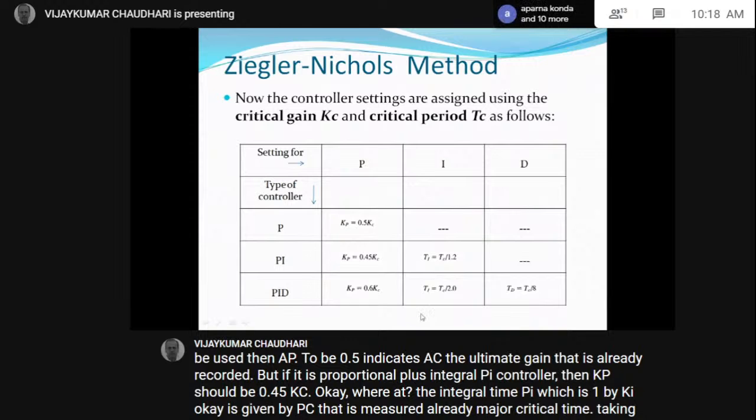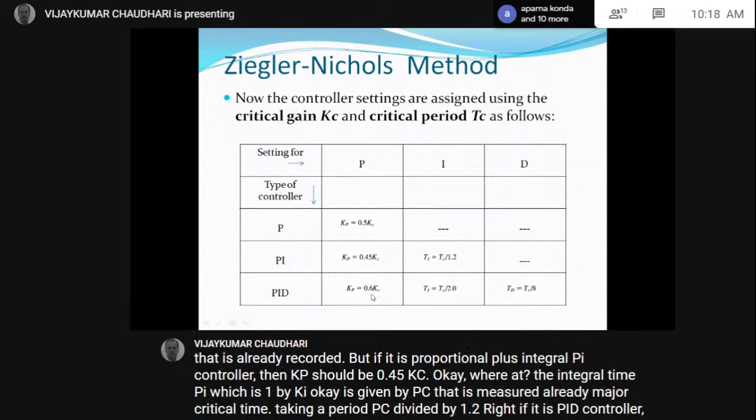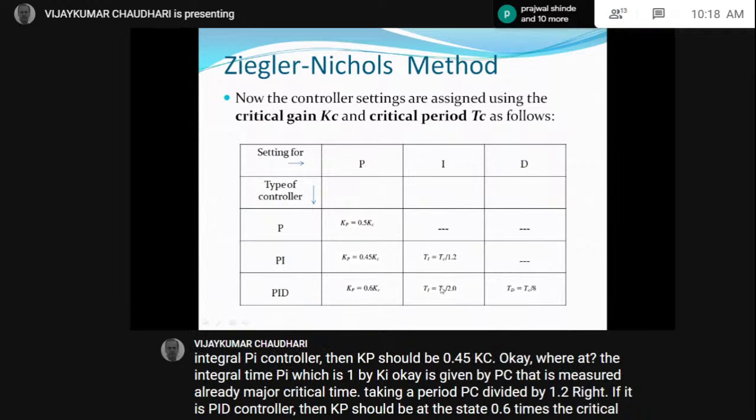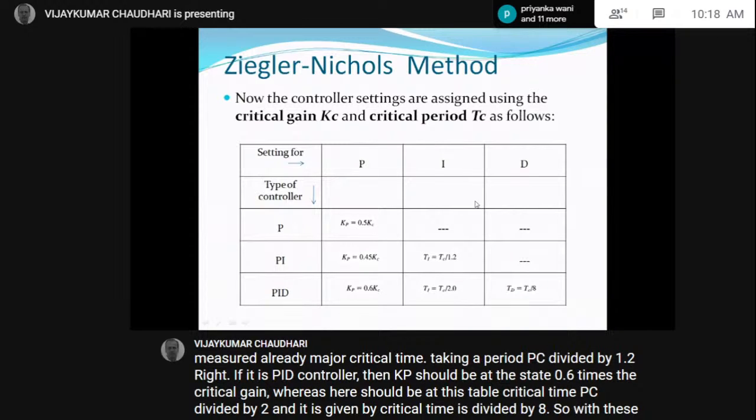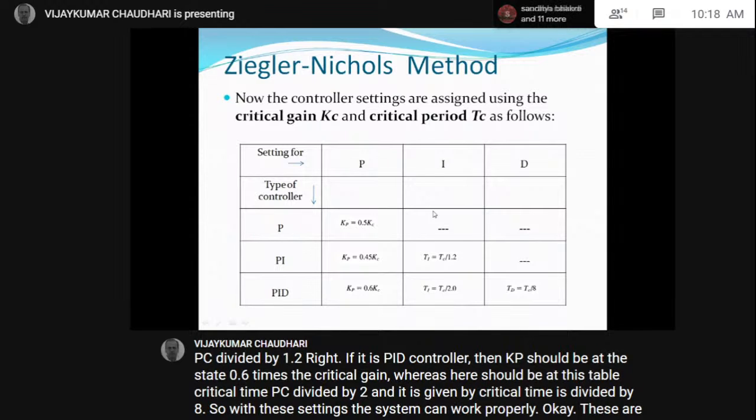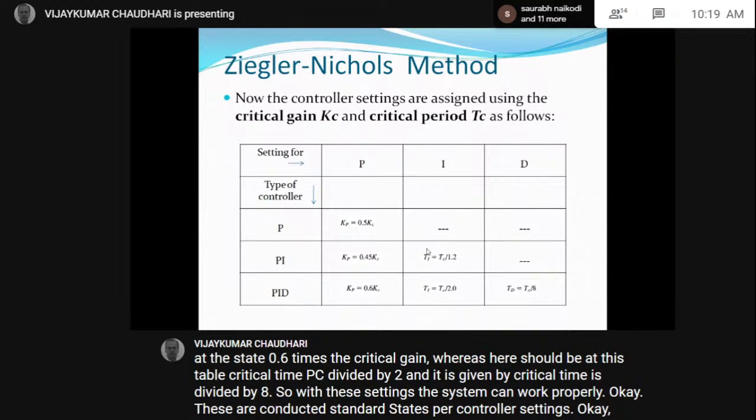If it is a PID controller, then Kp should be adjusted to 0.6 times the critical gain, Ti should be adjusted to critical time Tc divided by 2, and Td is given by Tc divided by 8. So with these settings, the system can work properly. These are called the standard PID controller settings, which were given by Ziegler and Nichols.